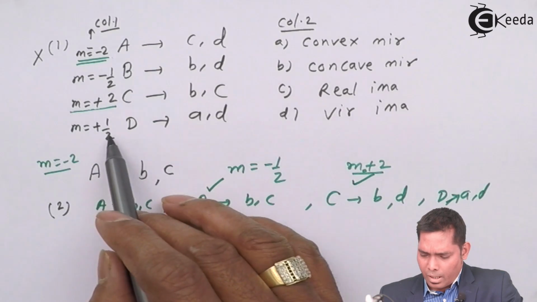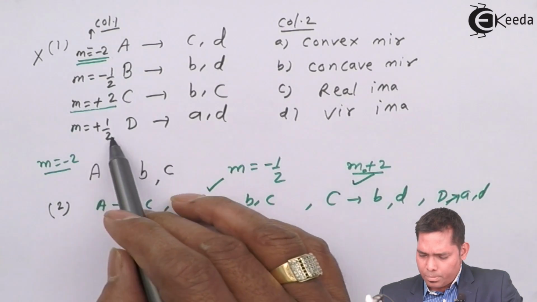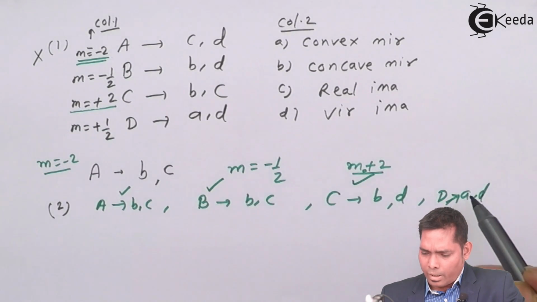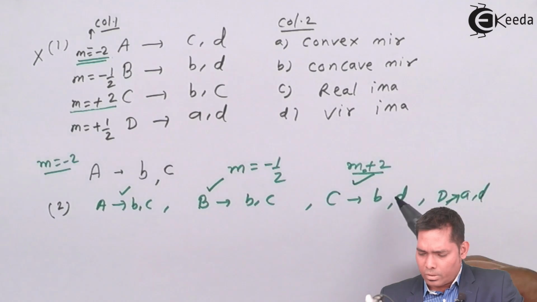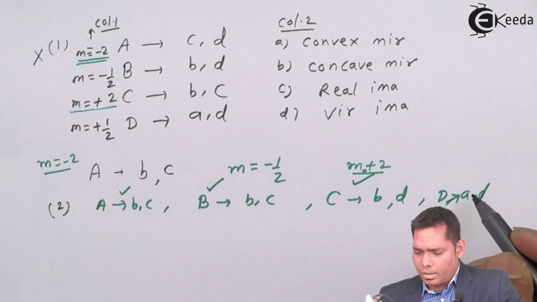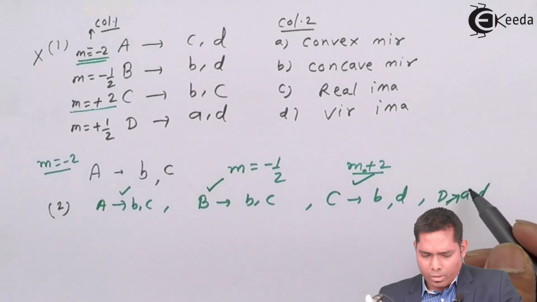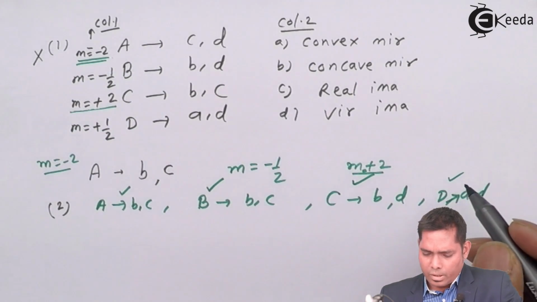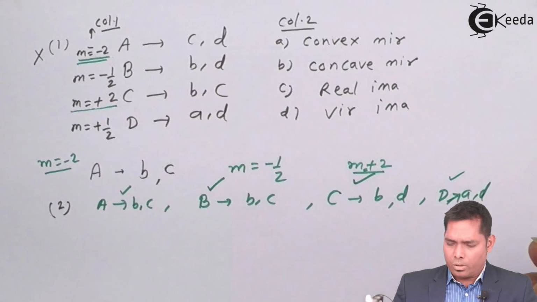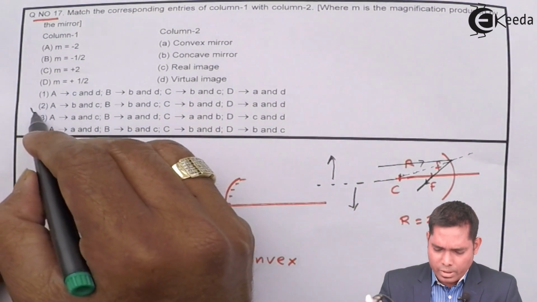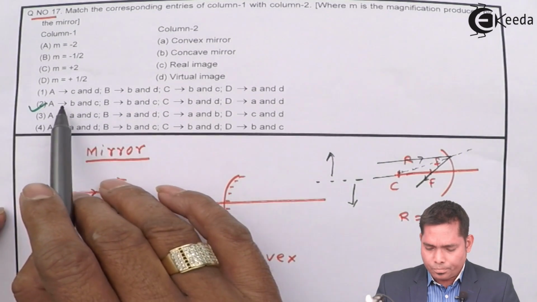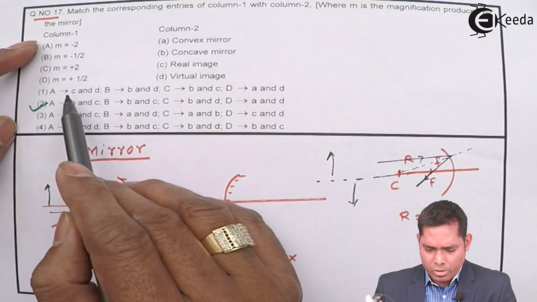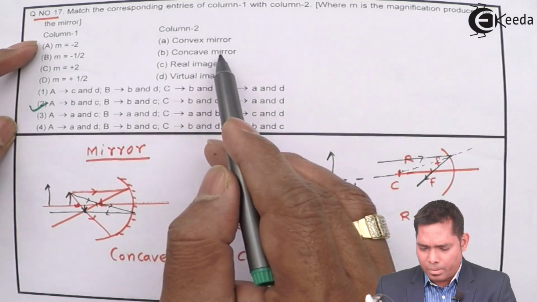The last one, D is half. D is half, positive, so that is a virtual image. This D is correct. And this is a convex mirror. That is also correct. In a convex mirror, we get a diminished image. So this part is also okay. That means option number 2 is correct. For A, when M is negative, this is B and C, that is concave mirror and real image.